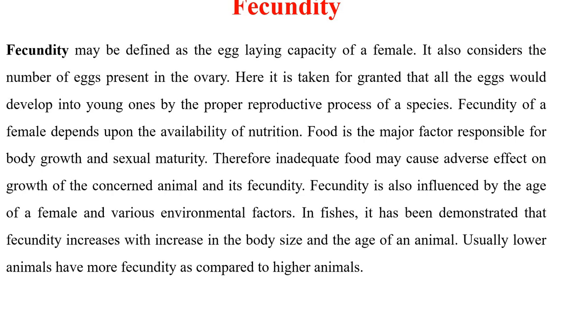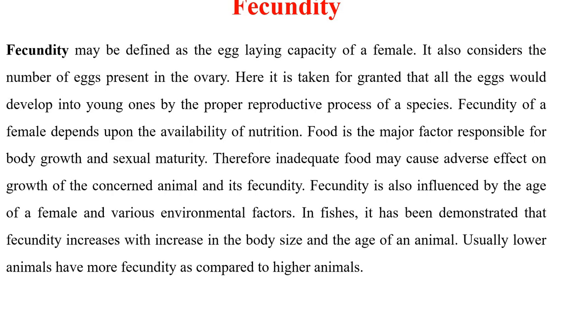Fecundity is also influenced by age of the female. Various environmental factors also show their influence. In fish, it has been demonstrated that fecundity increases with increase in the body size and the age of the animal. That means increase in the egg laying capacity with increase in the size of the body and with the age of the animal.